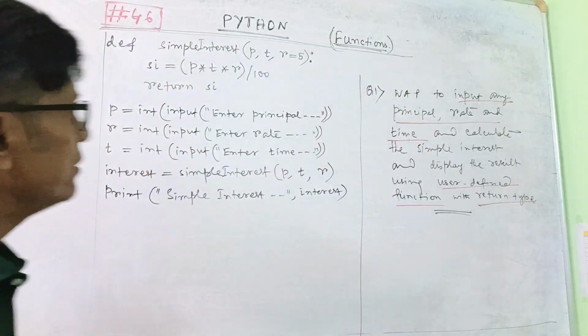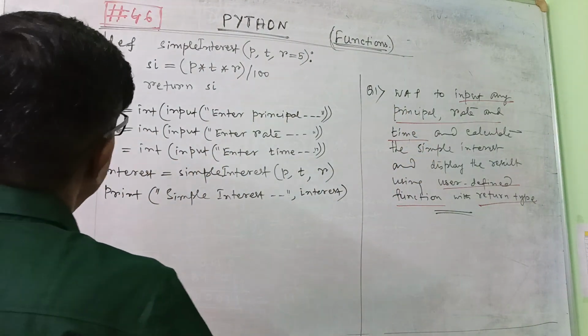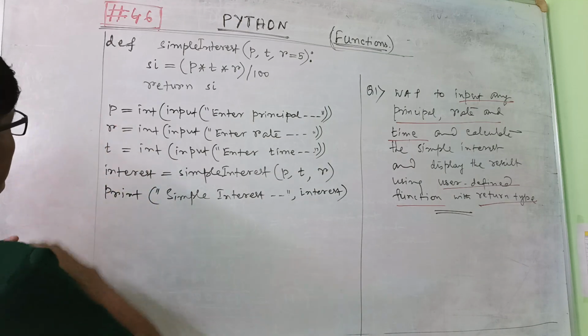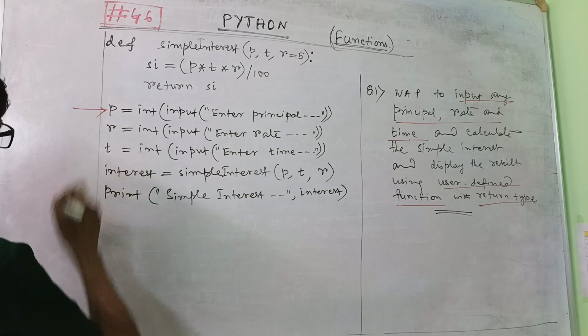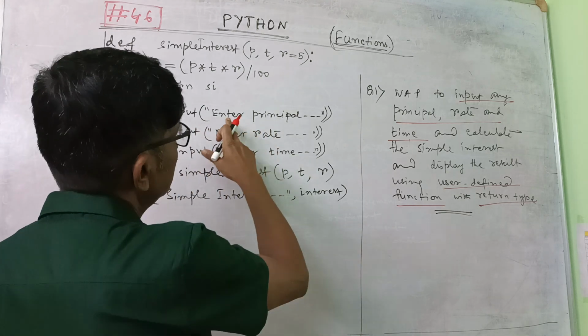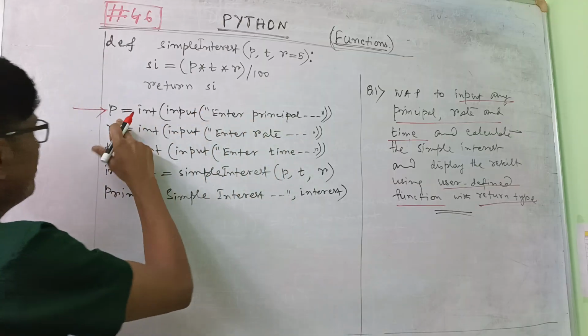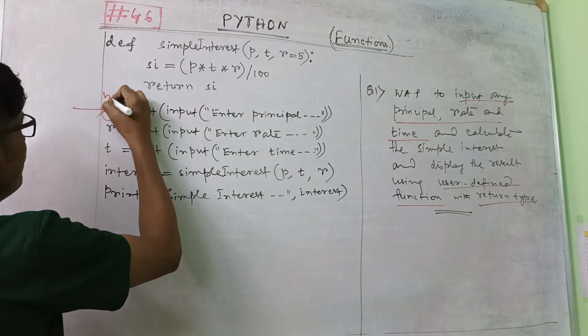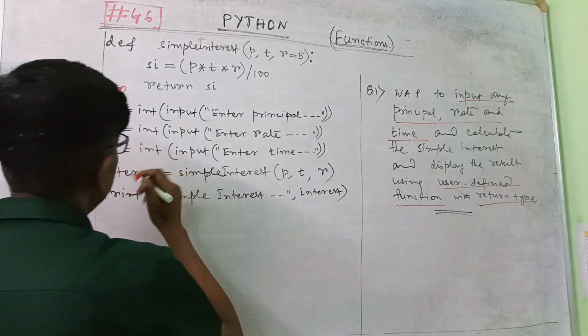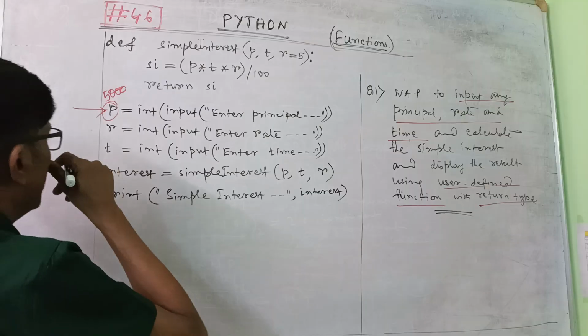Very interesting, this one. You see that my main area is where, this is your main area, principal, rate and time. We are starting from here, principal, rate and time. This is principal value, we are taking from the user. Enter principal. So that value, suppose you have taken 5,000. Then rate, you may take any rate.